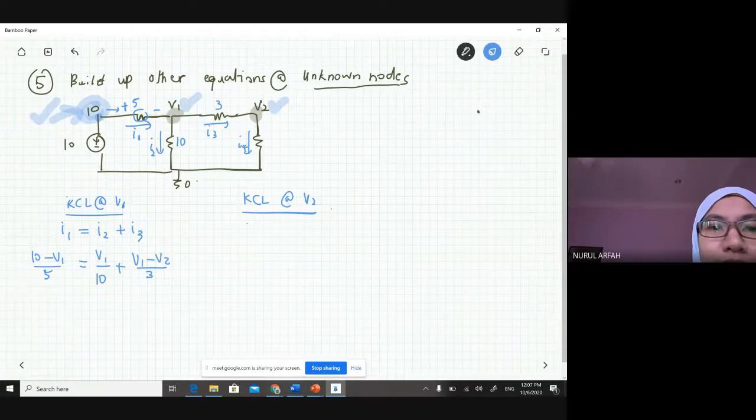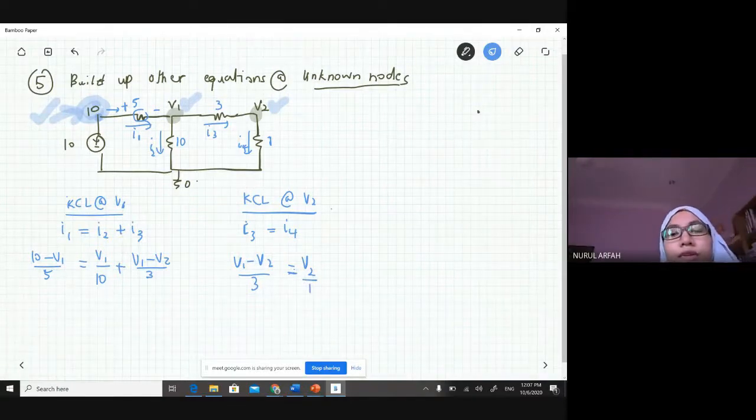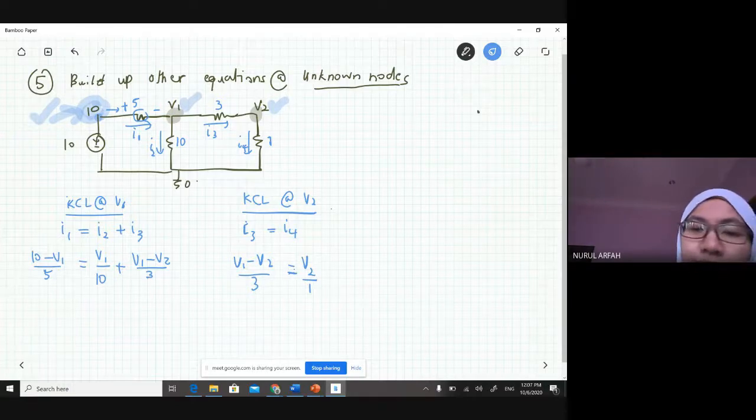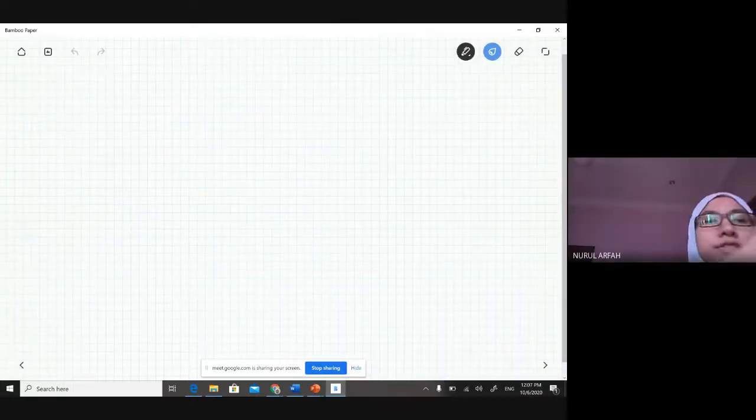Okay, so I3 equal to I4, which is V1 minus V2 divided by 3, and equal to I4. Yeah, maybe this is 1. So V2 divided by 1. Okay, so far so good. Yes, Alhamdulillah. So can we go to mesh analysis, or do you want to take a break?